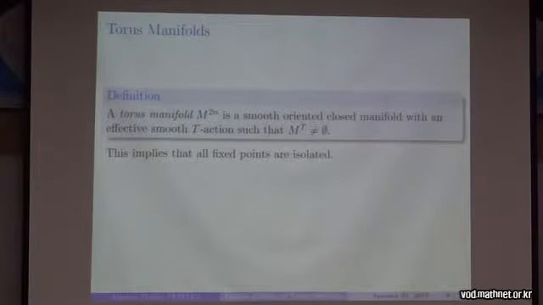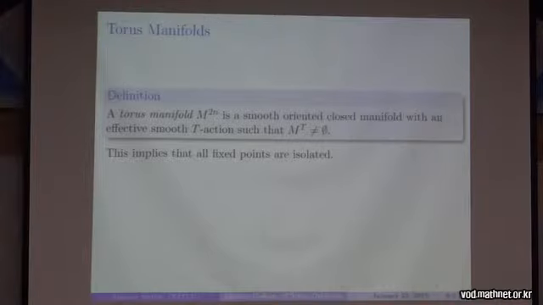And then, as a wider class of manifolds that includes both of those previous two classes, we have these things called torus manifolds, which are more general and defined to be smooth oriented closed manifolds with an effective smooth half-dimensional torus action whose fixed point set is non-empty.